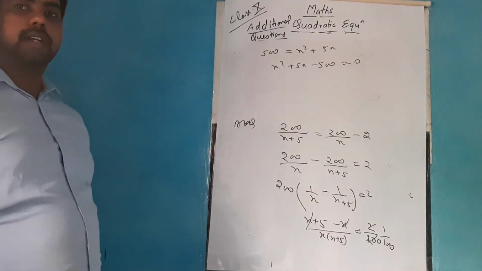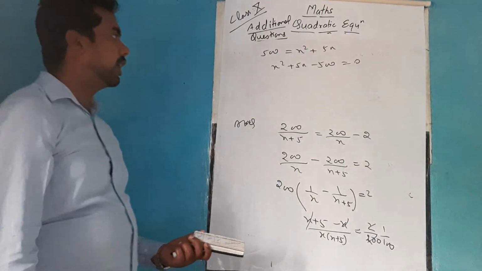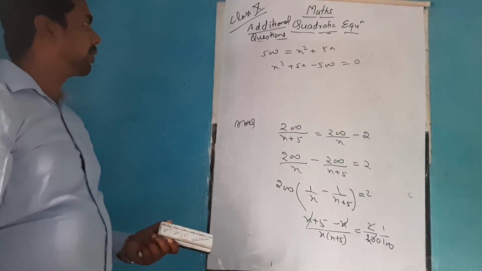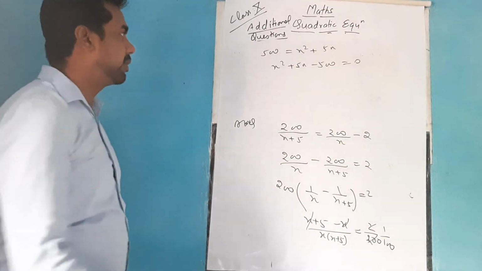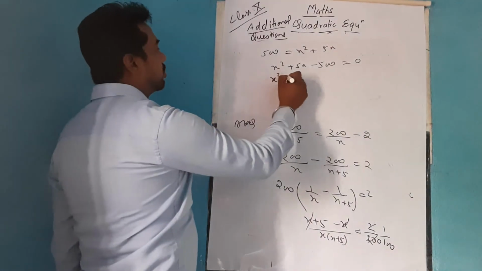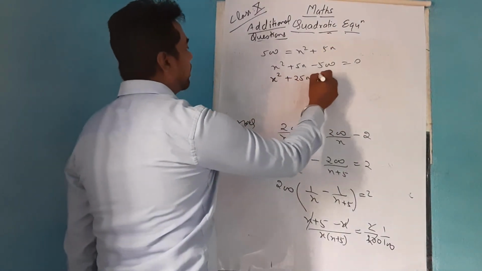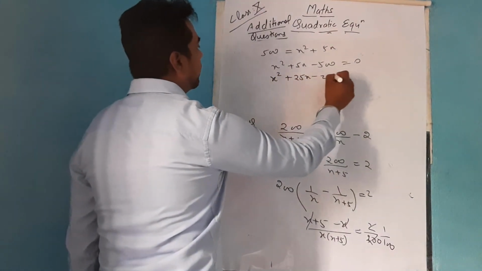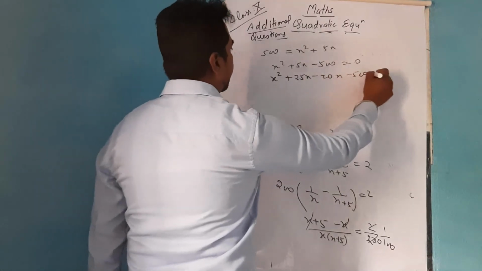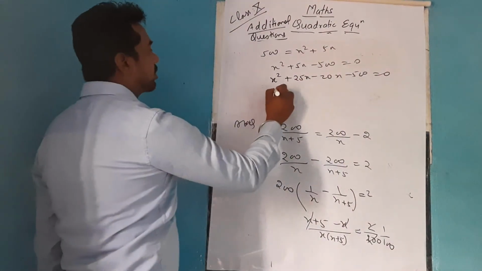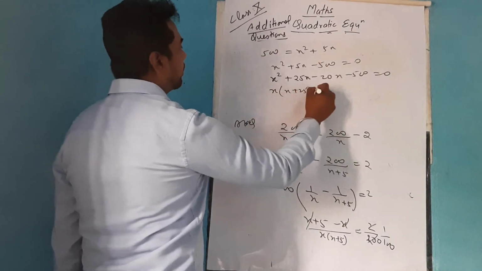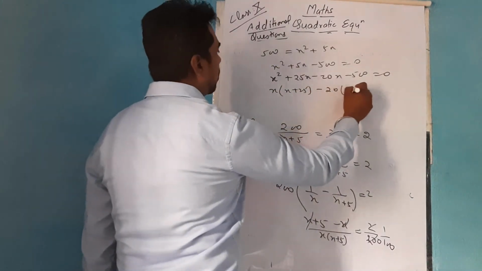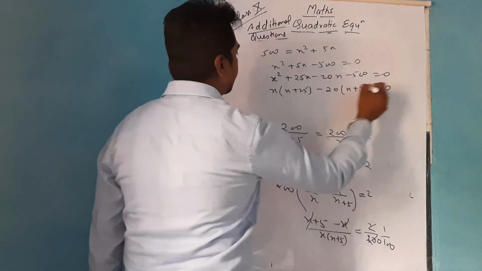So you can use middle term splitting, as we know that 25 into 20 will be 500. So this would be written as x square plus 25x minus 20x minus 500 equals 0. From the first bracket x common, x plus 25, from the second bracket 20 common, x plus 25.